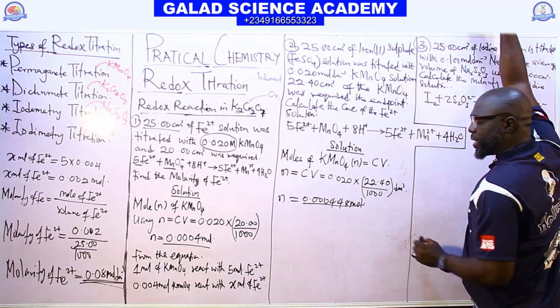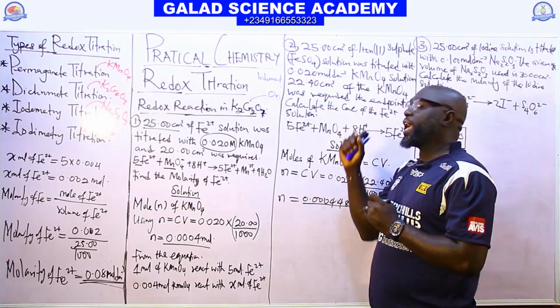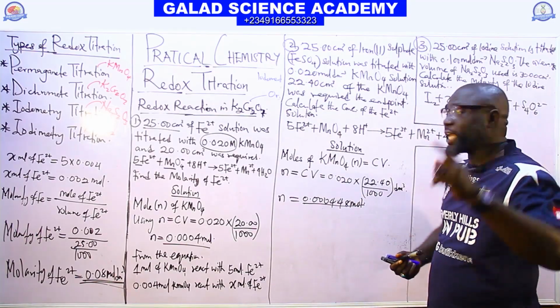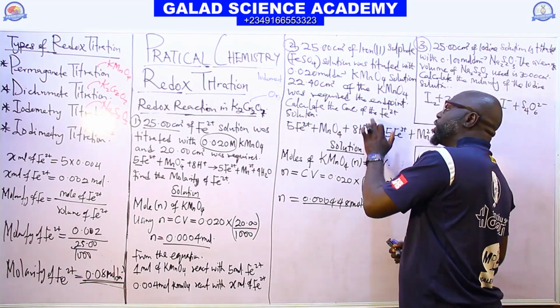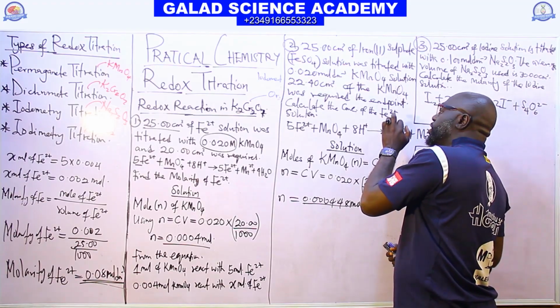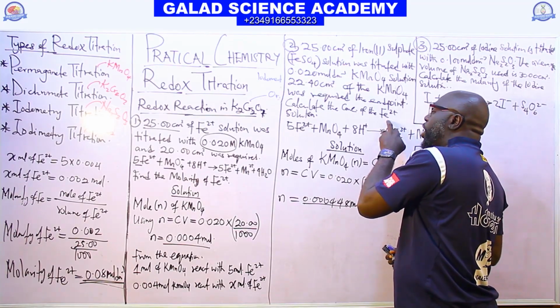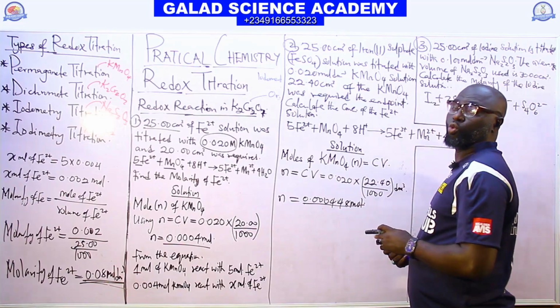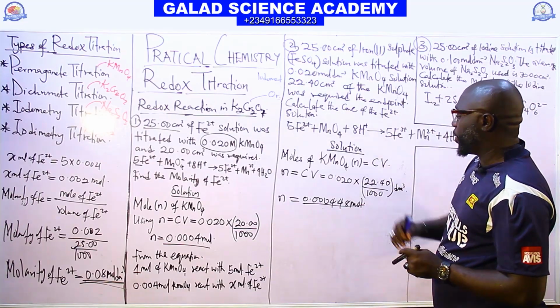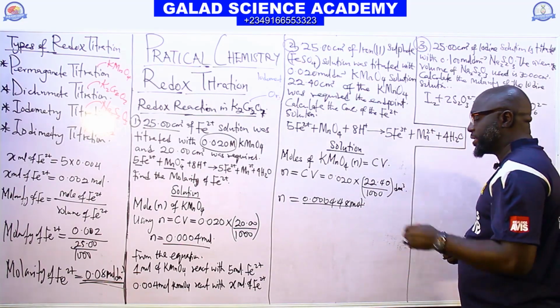This is the number of moles of KMnO4. But don't forget that we are looking for the concentration of iron 2 ions in mole per dm cube.